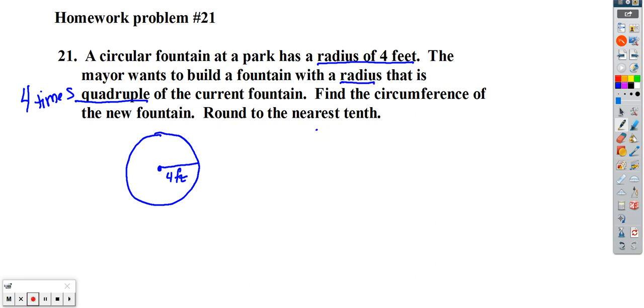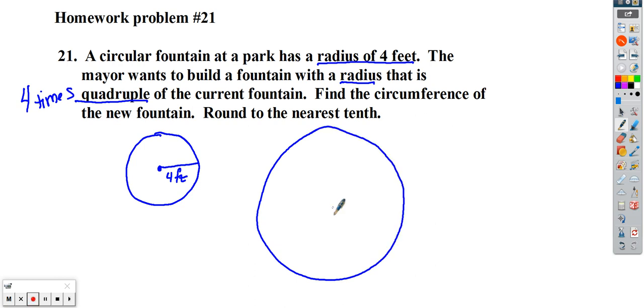Well, if I'm going to draw, and this isn't going to be to scale, a fountain with a radius that's quadruple, this radius right here is going to be 4 times larger than this radius. So this radius is going to be 16 feet. The entire radius is 16 feet. Find the circumference of the new fountain. Now you can go ahead and finish this problem.